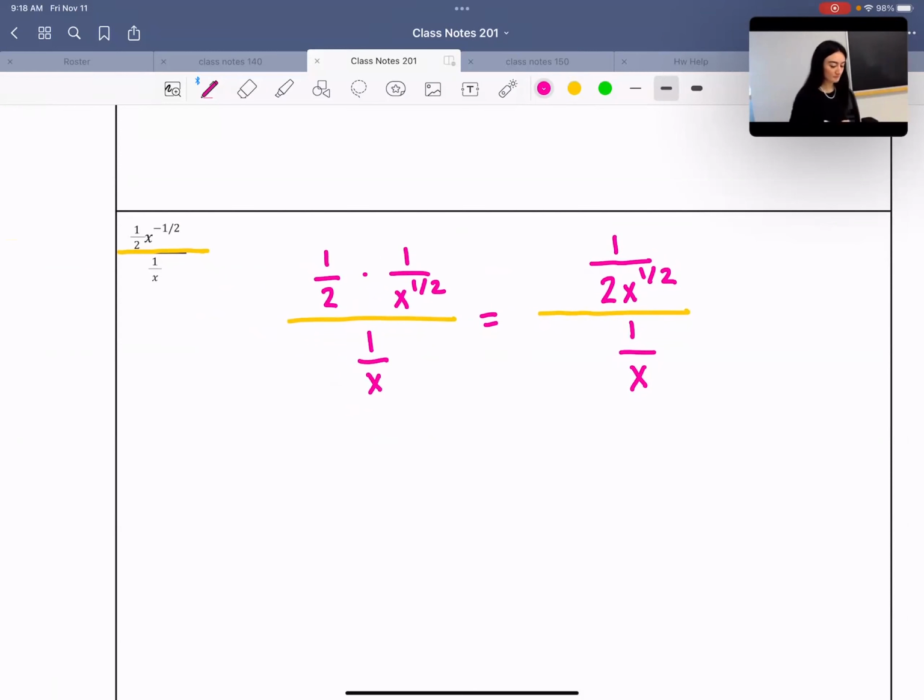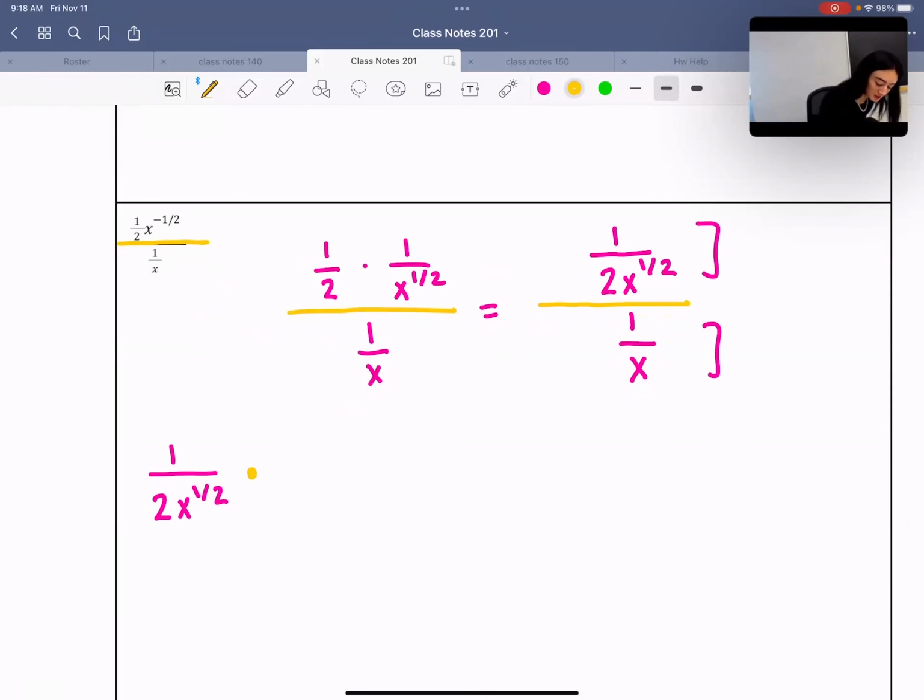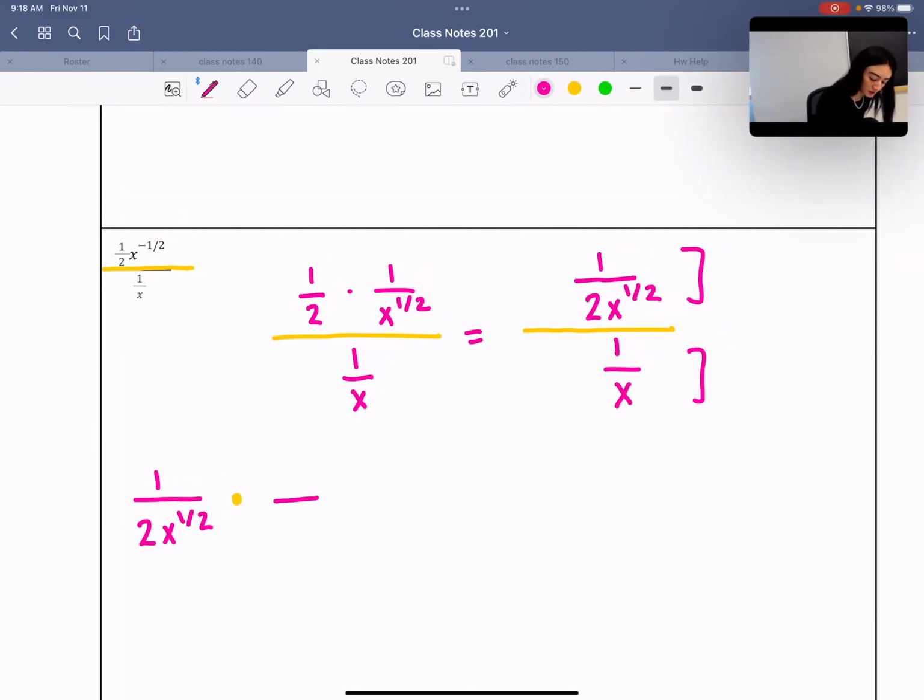Okay. Once we're here, we can do keep change flip because I have a fraction over another fraction, right? So we can do 1 over 2x to the 1/2, keeping that the same, changing the division sign into a multiplication sign, and then let's flip over the 1 over x into x over 1. Okay. Once we're here, just multiply through again, x over 2x to the 1/2.